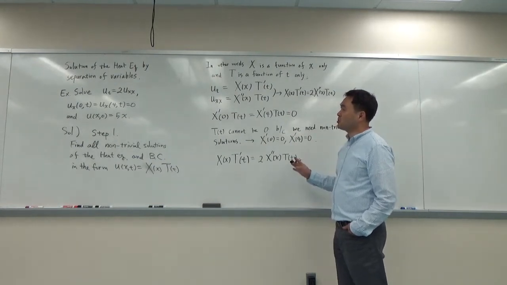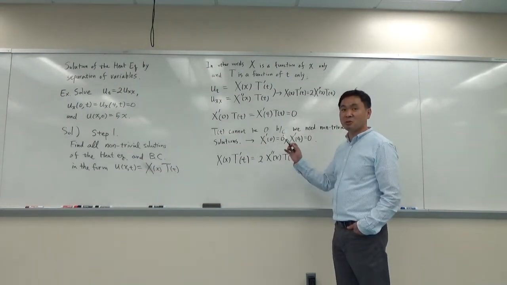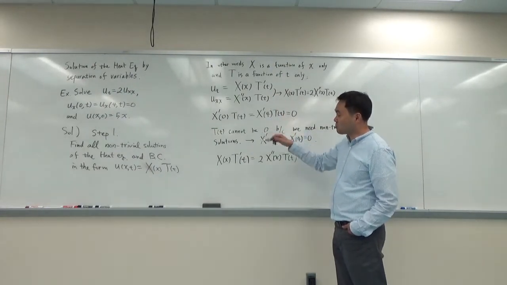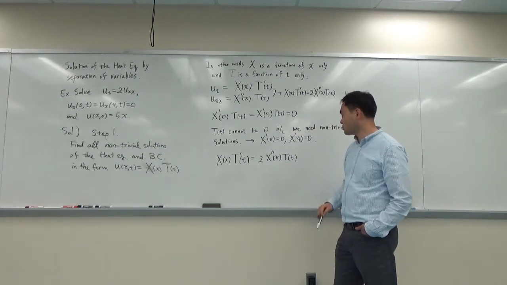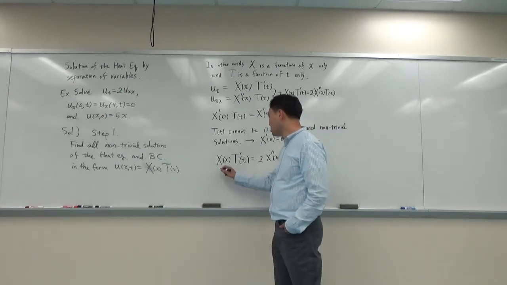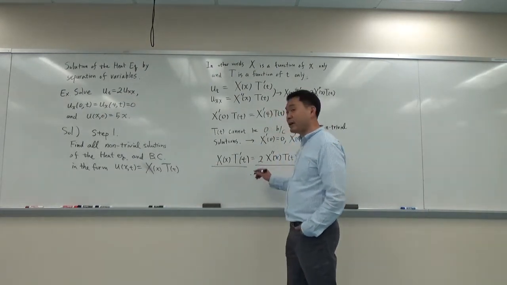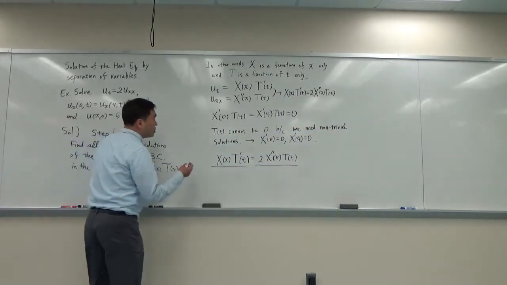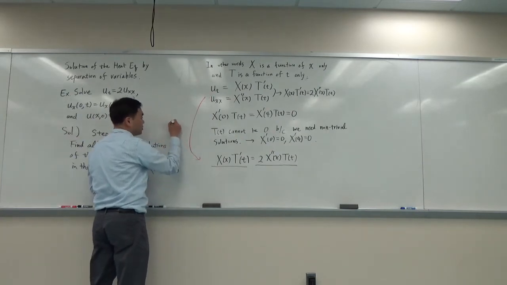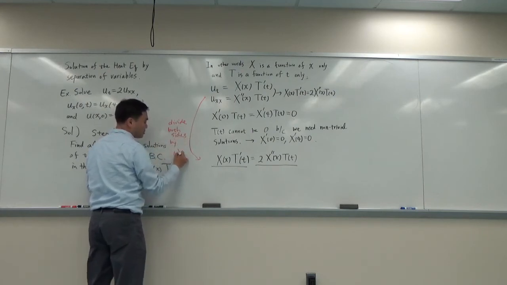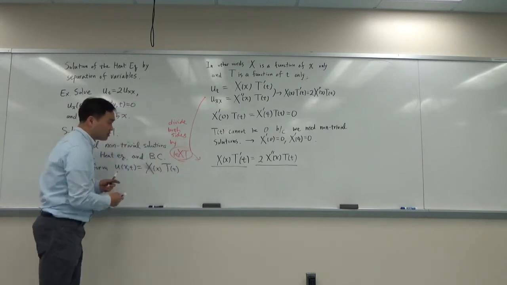You give this problem to any smart person, and they would be able to work out probably about this much, but they're probably stuck here. They wouldn't know what to do here. So you really need to know this trick. The trick would be to divide both sides by kXT. So maybe I should write it here. Divide both sides by kXT.